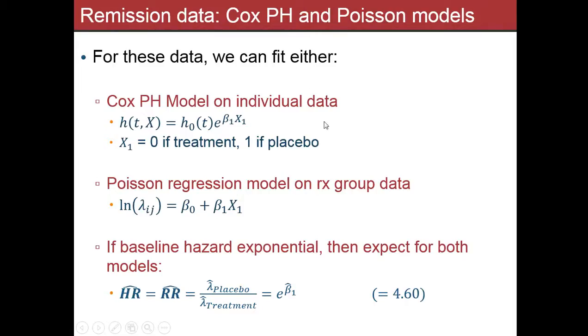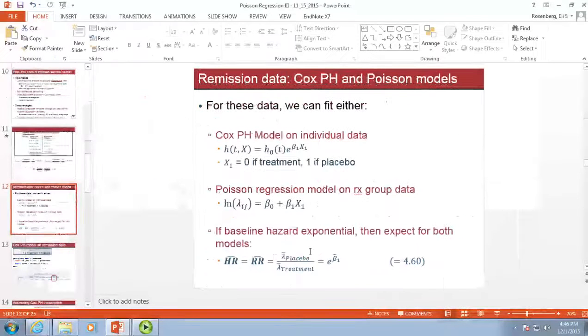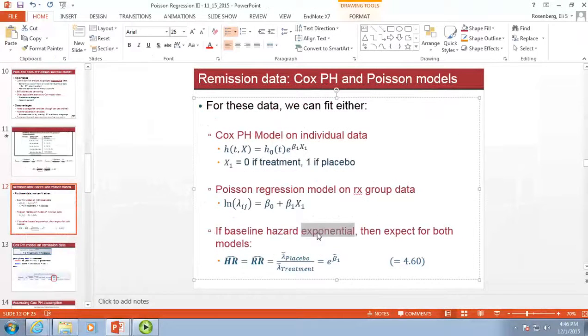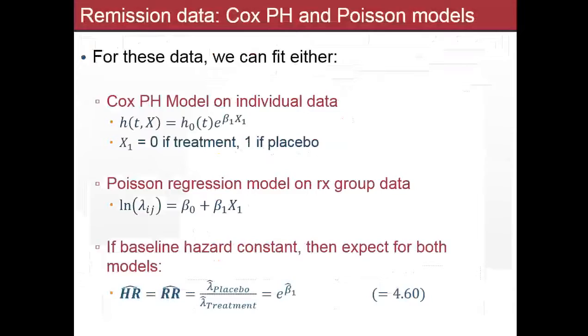So this is the idea here. And if these were both equally reasonable approaches, if you had this exponential baseline hazard, or really, if the baseline hazard is constant, is what it should say. If you have this exponential survival, constant baseline hazard, then we expect both models to get the same answer, right?